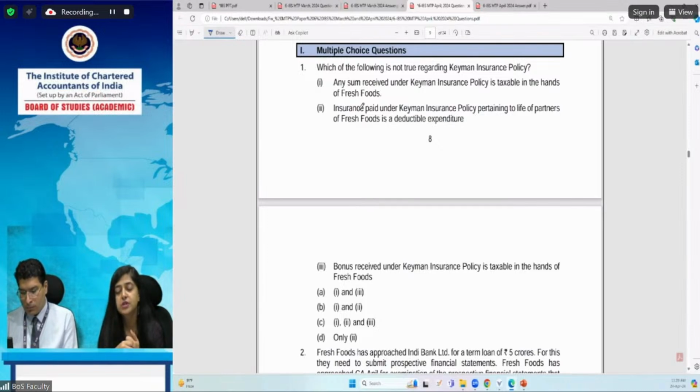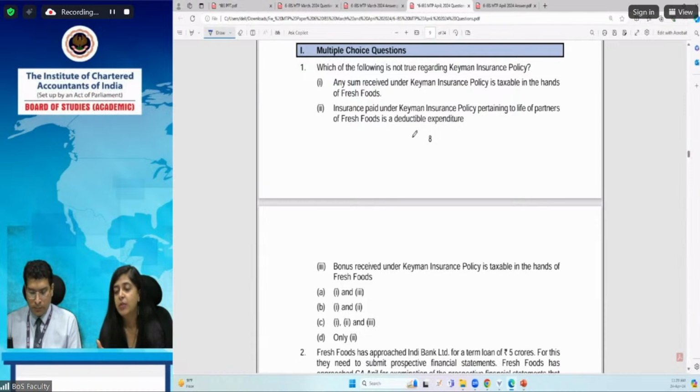If you see directly, there is no section or anything which you can identify for which subject it relates. But the first, second, and third points talk about taxability or deductible expenditure, so from that you have to analyze that it is related to direct tax. You have to identify the subject it relates to.